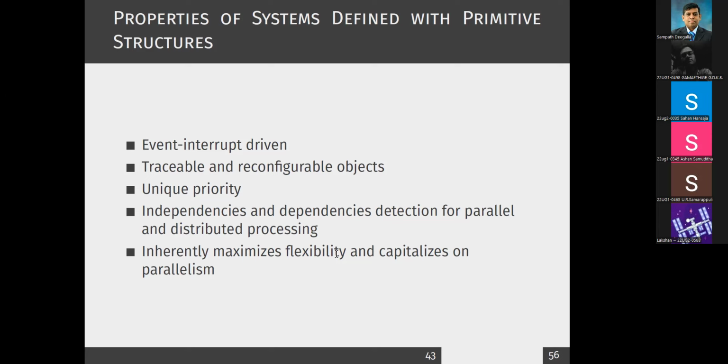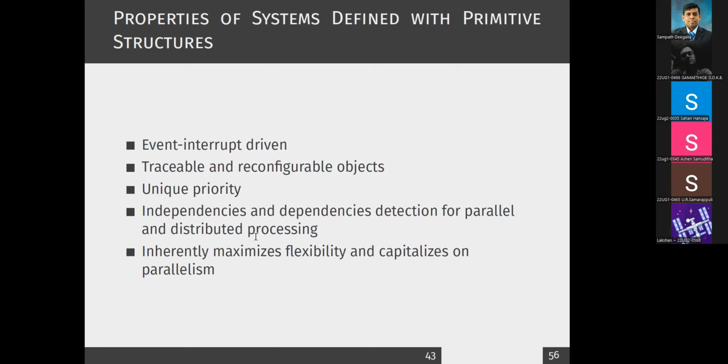so we were discussing the properties of the system with these defined structures. So we can have event interrupt driven, and then traceable, recognizable, reconfigurable objects. Provide unique priority. You can notice that when you define this with the structures, especially in T-maps, we identify, for example, in our example, how do you create a table?